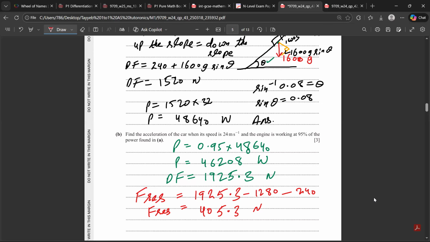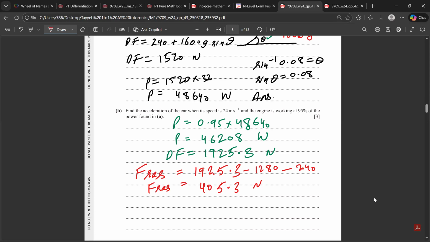The mass of the car is 1600 kg. It will be 0.25, okay, three significant figures, 0.253. That's right according to the marking scheme also. Okay, no questions, all good, right?